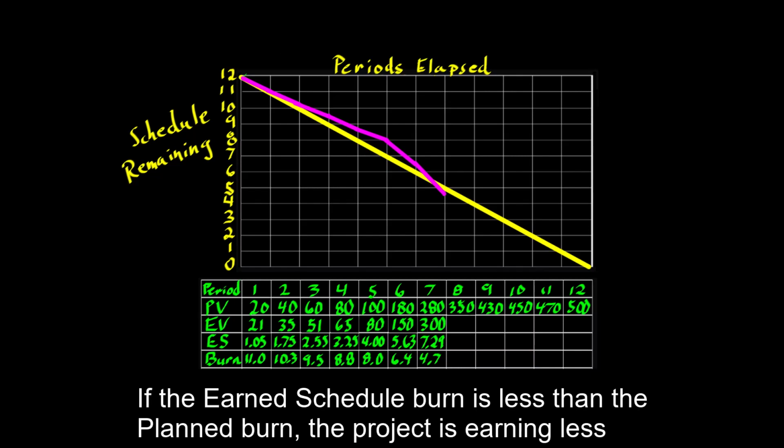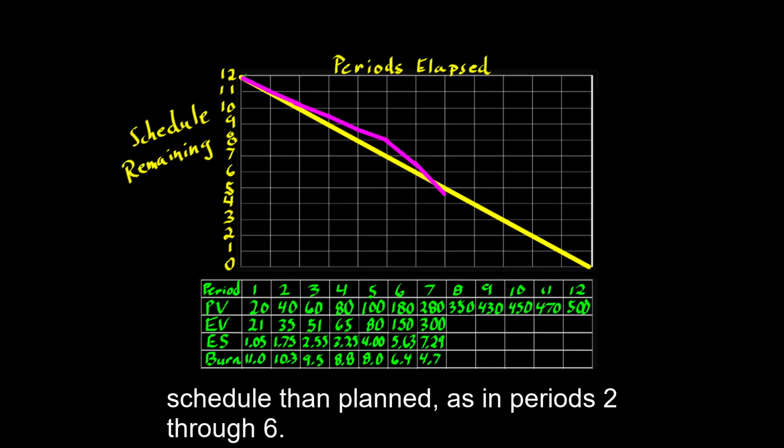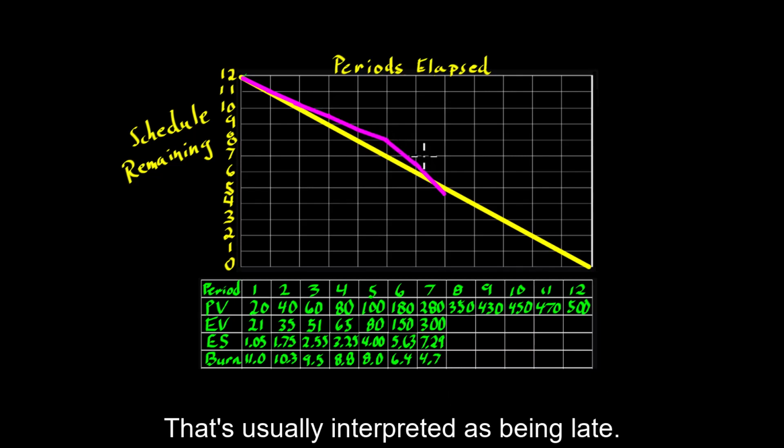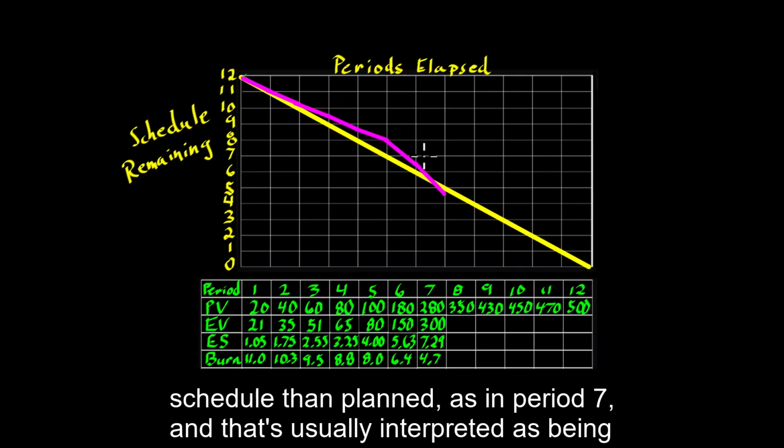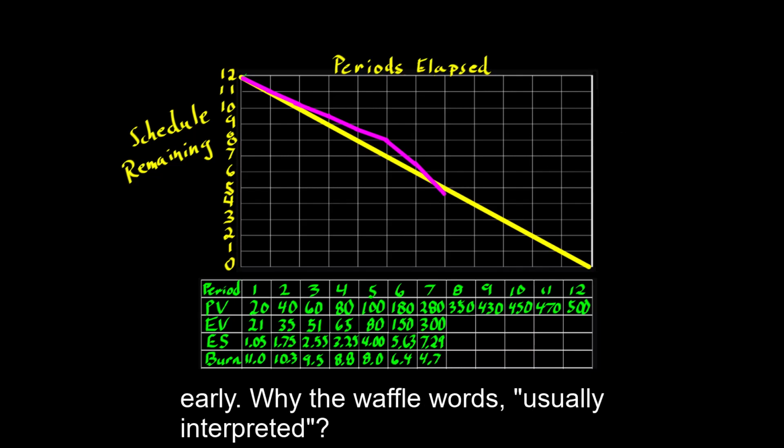If the earn schedule burn is less than the planned burn, the project is earning less schedule than planned, as in periods 2 through 6. That's usually interpreted as being late. If the earn schedule burn is greater than the planned burn, the project is earning more schedule than planned, as in period 7. That's usually interpreted as being early.